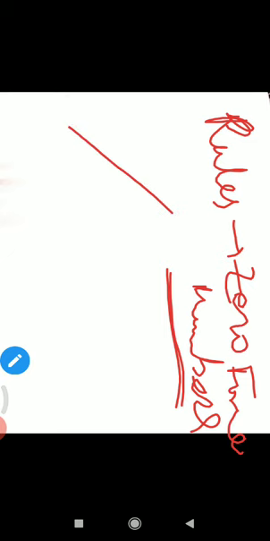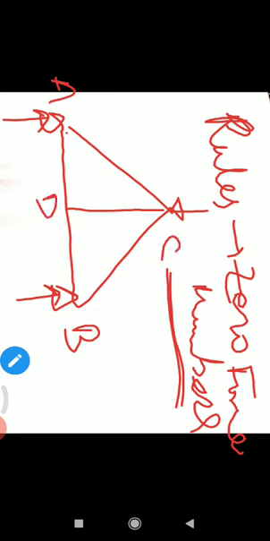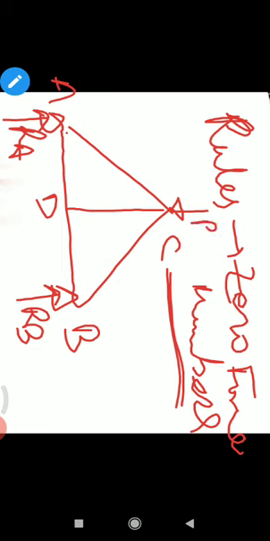Suppose this is the truss, a load is acting over here, and these are the members. Due to this load, reactions are generated at the supports. Suppose this is A, this is B, this is C, and this is D. These reactions are generated, RA and RB. Then these reactions and this external force will try to distribute itself among the members of the truss.